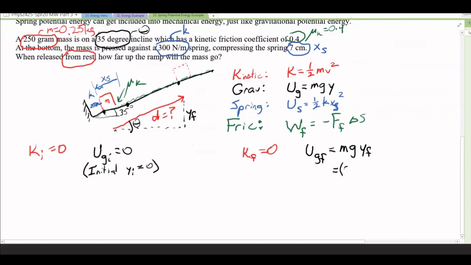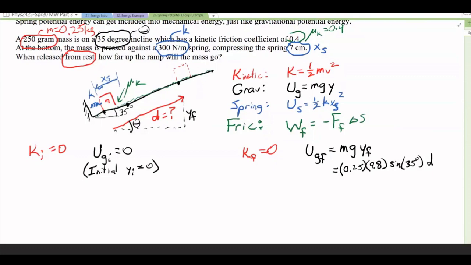So this is going to be 0.25 times 9.8 times sine of 35 degrees times d. And that's how the variable we want to solve for is going to make its way into the analysis. Actually, that's one place it's going to make its way into the analysis.